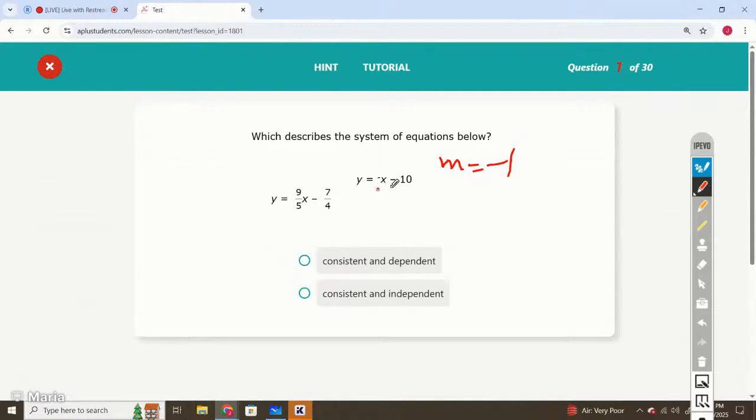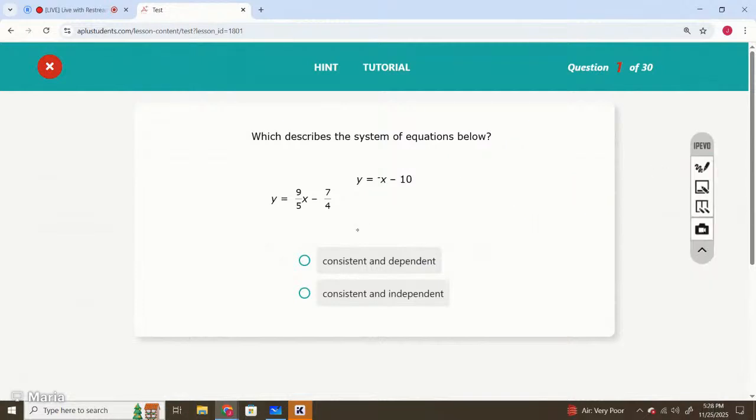The slope is negative 1. The coefficient of x is the slope, and this is the b. For the second equation, the slope is equal to 9 by 5 and the y-intercept is negative 7 over 4. The b is negative 7 over 4. So that means the system is consistent and independent. Option number 2 is the correct option.